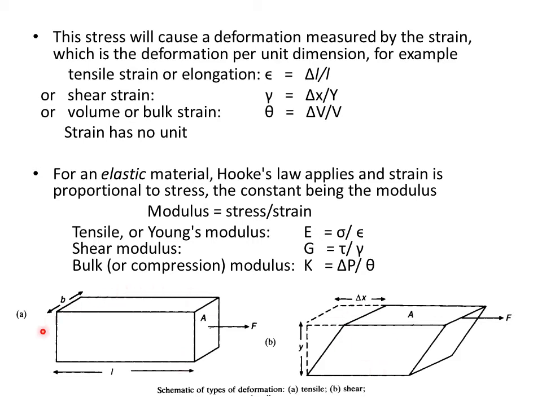Here is the original material, and when we apply the tensile force, there might be elongation, meaning a change in length, delta L. In B, this may be the original shape of the material, and when we apply the stress in this way, there is a deformation; you can see it is converted from here to here. So when we apply stress, it may deform our material.